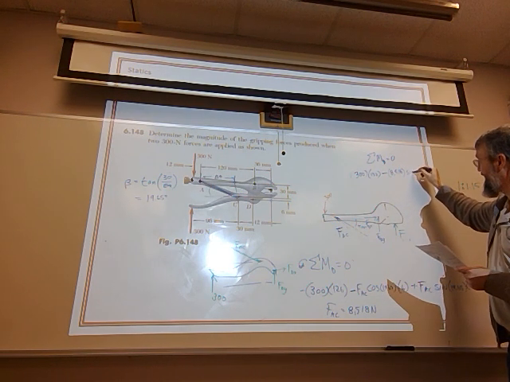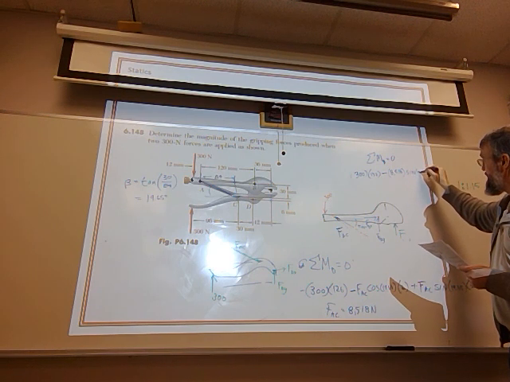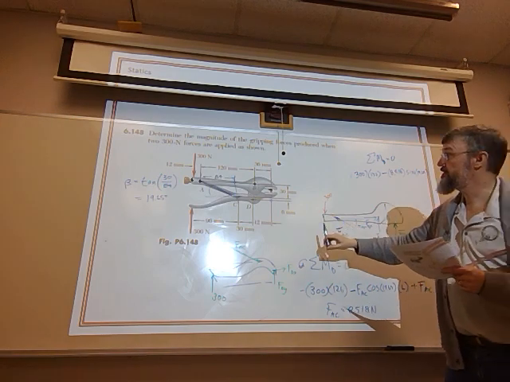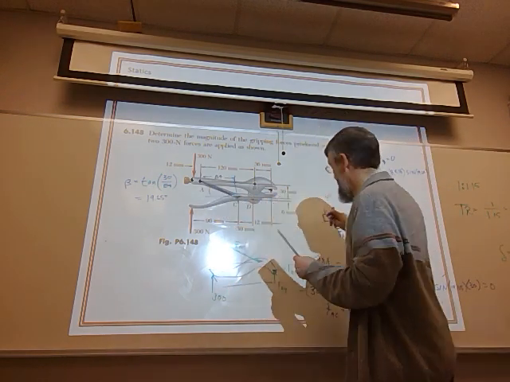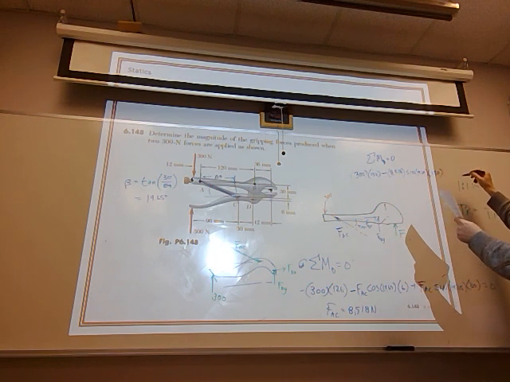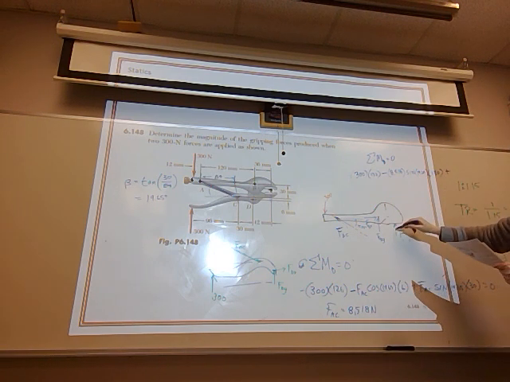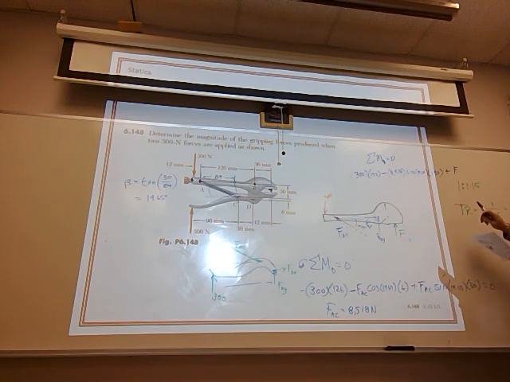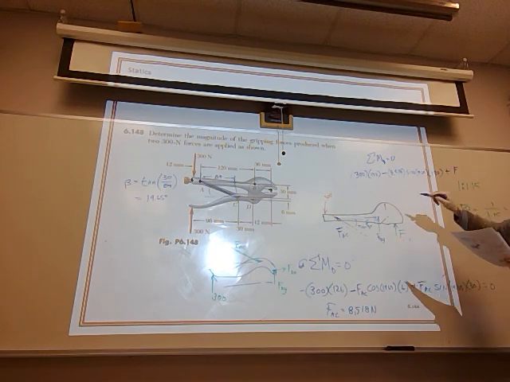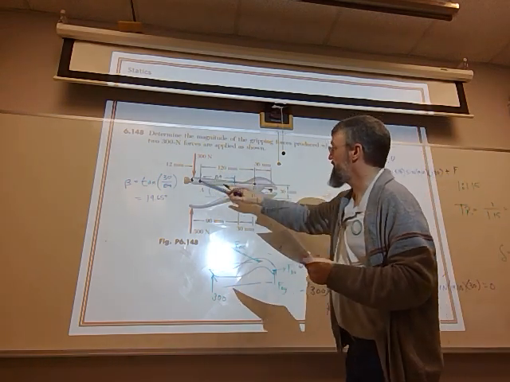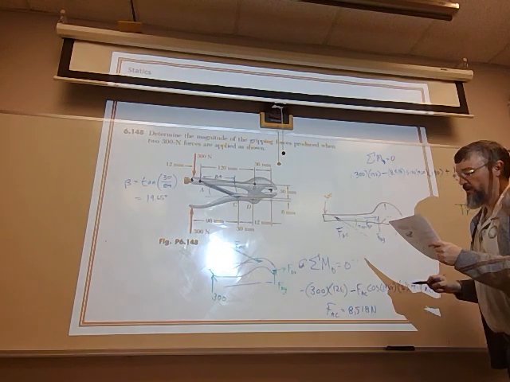And he's the 8,518, but it's the sine of 19.65, and its distance right here to B, that's the 120, and then plus this force, because he's going counterclockwise, and that distance is going to be the 120 plus the 36 plus the 12.